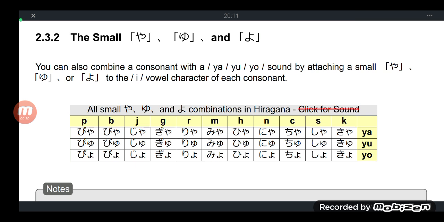This is composed of combining a certain character, say a katakana or hiragana character, combined on its right side with a small ya, small yu, or small yo. When you combine it, it's like mixing, and you form a combined or mixed sound.